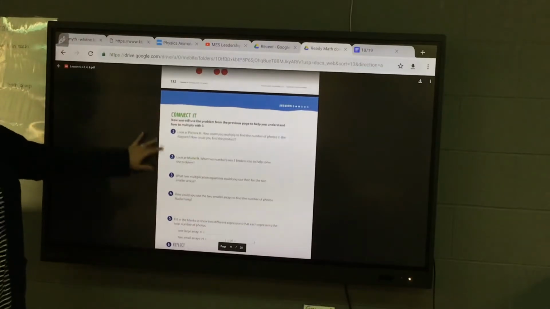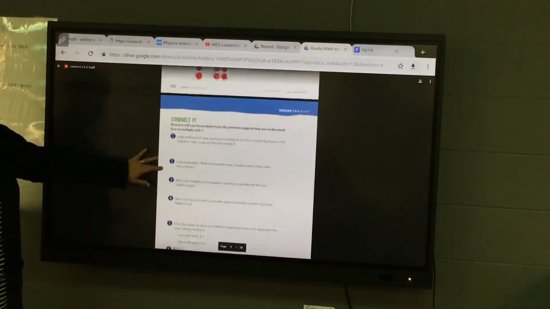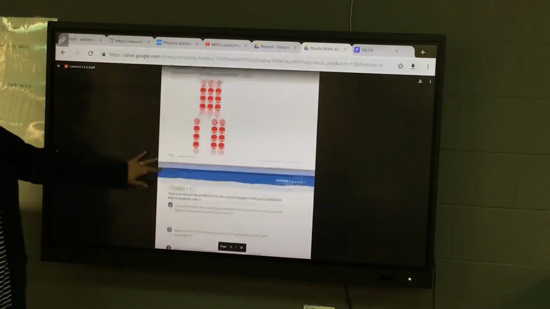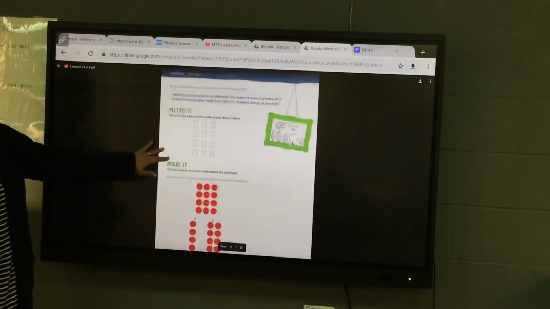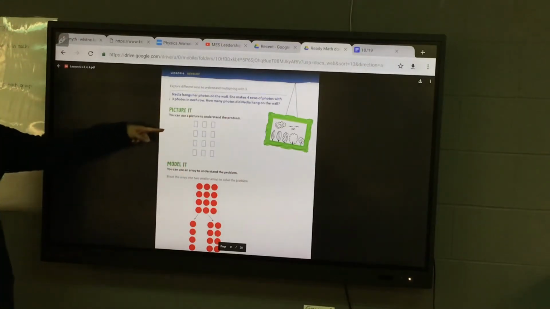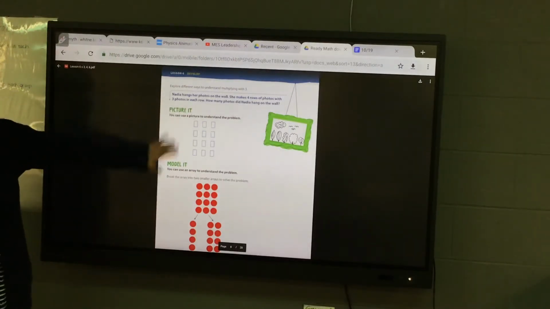So looking at your page 133, question 1 says, look at picture it. They're talking about this part right here. Point to picture it on your paper. Okay, this is picture it.